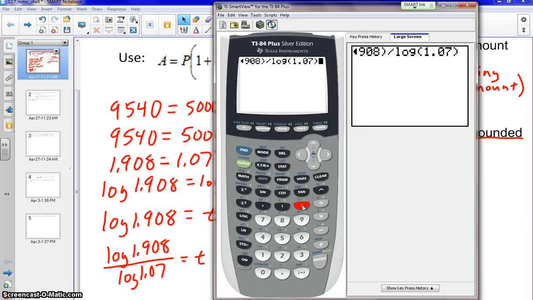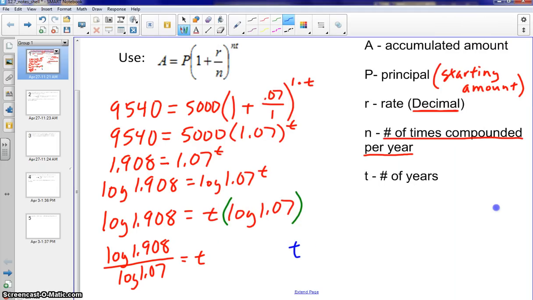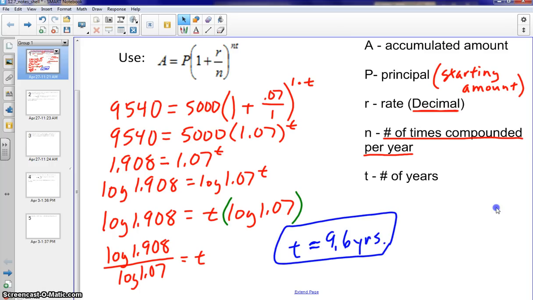And again, close those parentheses. Let's go ahead and round to 1 decimal place here. So we'll round that to approximately 9.6 years. Okay, and just follow the standard rounding rules that are talked about in your book when you're doing each specific problem.